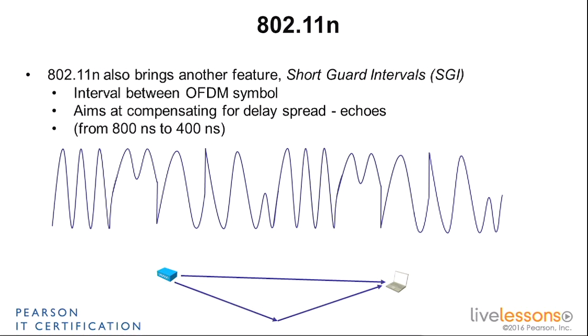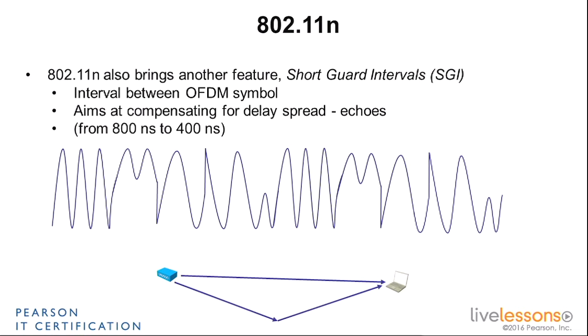Does it work well? Well, it depends very much on the environment, because although in lab measurement, there is never any echo in the air that comes back to you after 50 nanoseconds, there may be echoes of echoes of echoes. So in some cases, you may turn on SGI and you may still have a very good communication and just a higher data rate, just a tiny bit, because you are reducing that silence, and that makes you a gain of about 11% in your speed.